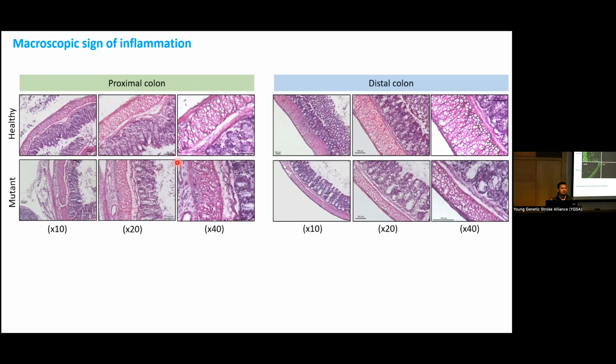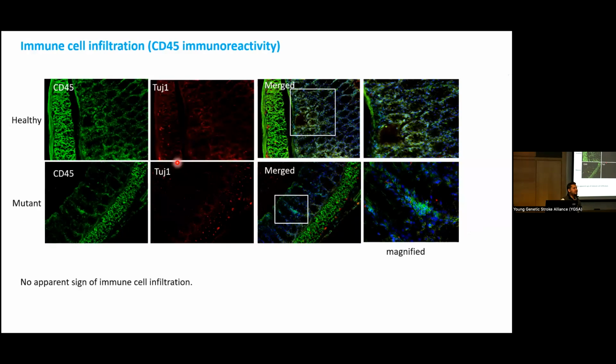Then we also did the immune cell infiltration, which tells you whether the immune cells, particularly the leukocytes, are where they should be, outside the gut, on the luminal surface, on the epithelium. But when you have inflammation, those immune cells go all the way to the enteric neurons.